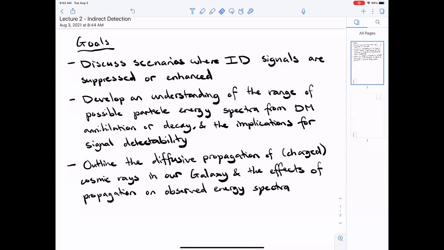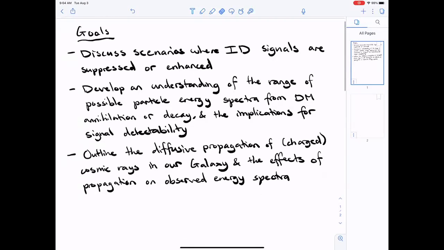But before we get to that, I want to begin by just continuing the discussion last time, just thinking about sort of how much energy is injected from indirect detection, and using those insights to think about scenarios where indirect detection signals are either going to be very suppressed from what we talked about last time or enhanced from what we talked about last time.